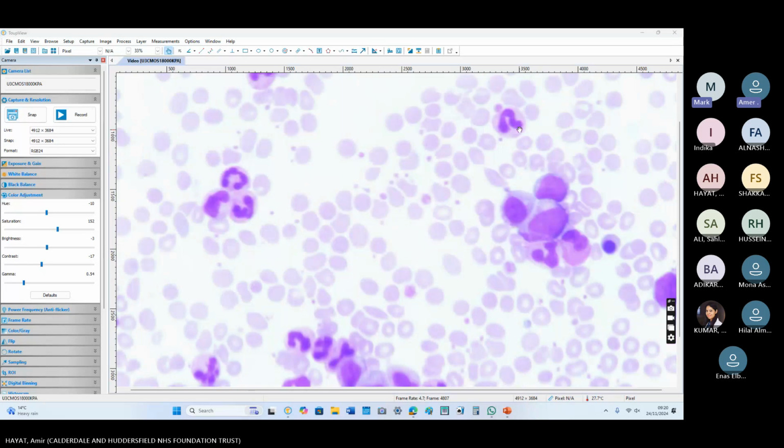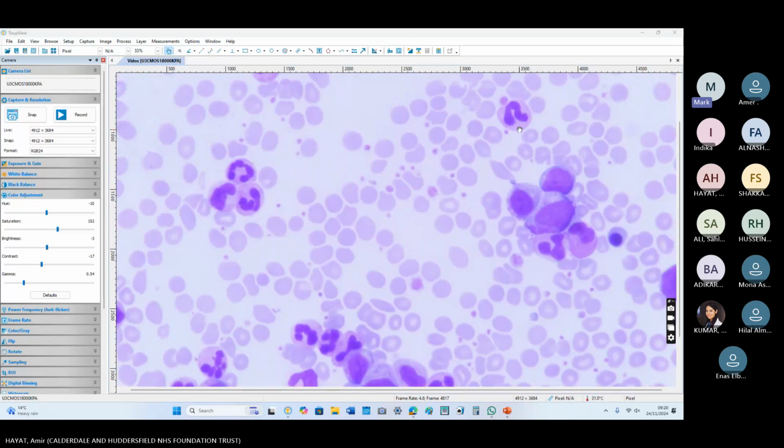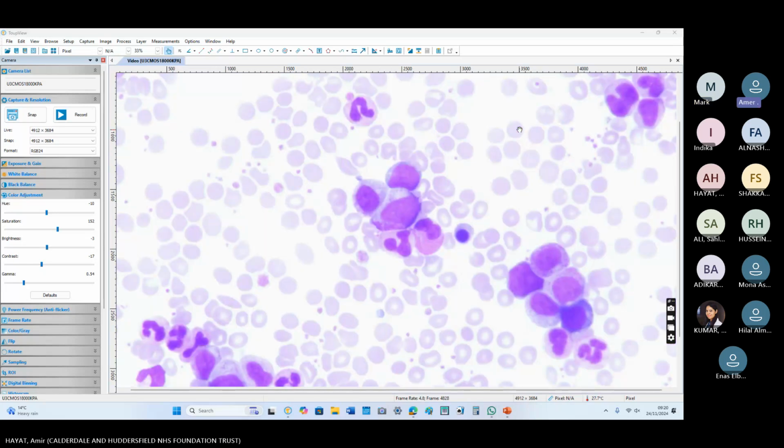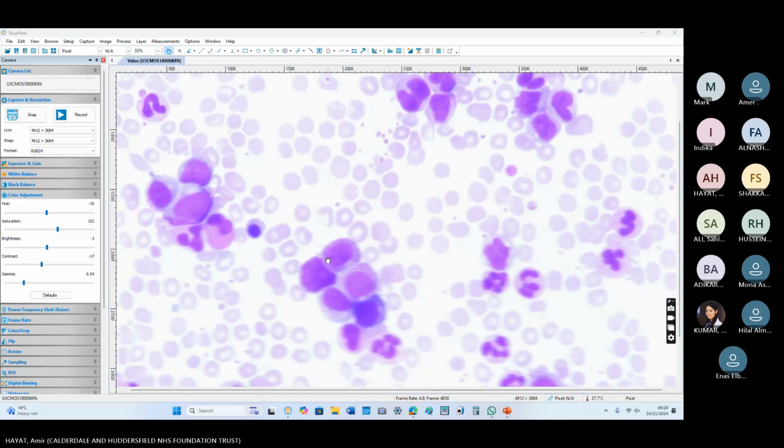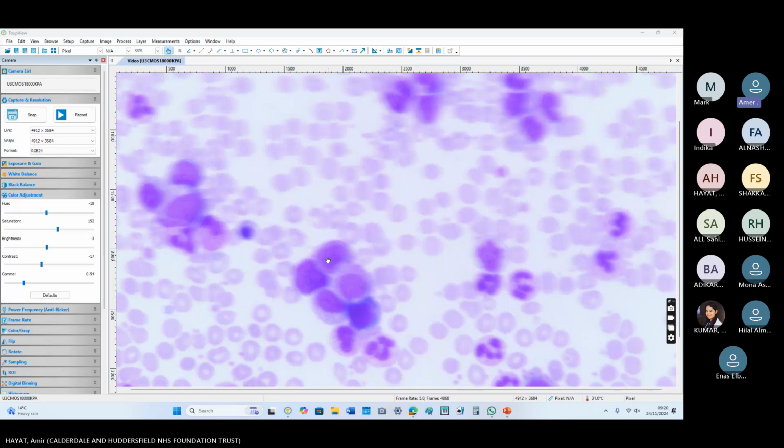I haven't seen any basophils yet. NRBCs are present because of the high bone marrow activity.